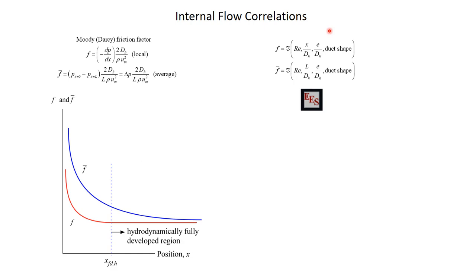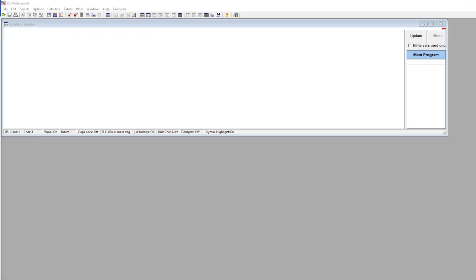Are you in the developing region or the fully developed region? Is your duct smooth, and all that kind of stuff. And a lot of times they're charts or just equations. These have been placed into what I think is a pretty convenient format as procedures in EES. So we should maybe go look at those, and you can understand how to use them.